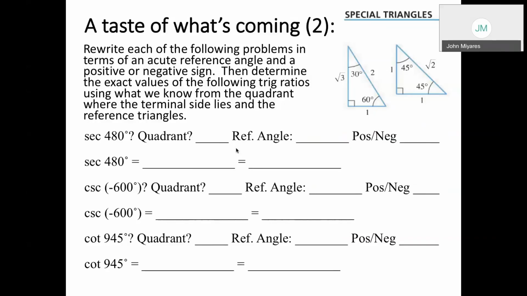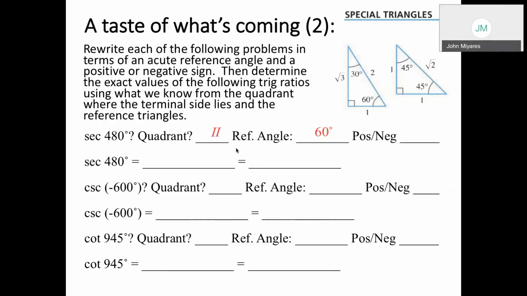All right, secant of 480 degrees. 480 degrees is going to be coterminal with 120 degrees, which lies in quadrant 2. The reference angle is going to be 60 degrees because as we get closer to the negative x-axis, we're only 60 degrees away from 540 degrees.